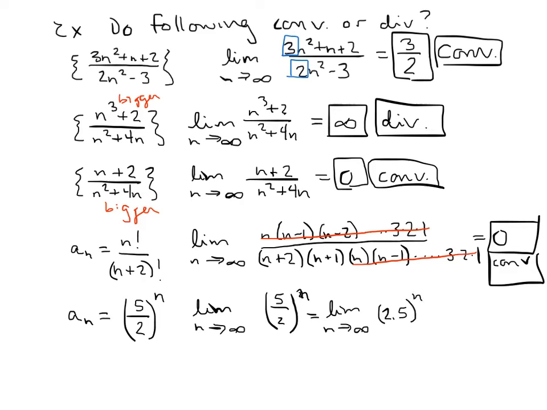And if we take a whole number and then keep raising it to bigger and bigger exponents, it's going to get really, really big. And so this guy diverges because we get infinity.